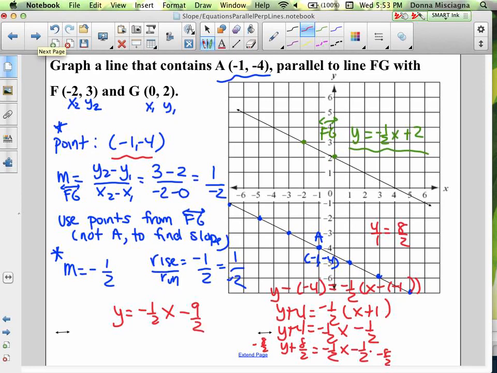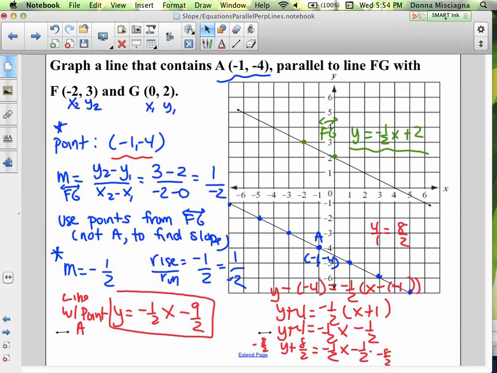This is the line that has point A in it, in slope-intercept form. And then line FG was the line y equals -1/2 x plus 2. Make sure you don't get your points mixed up when you're given points for two different lines. I do think that's it for this one.